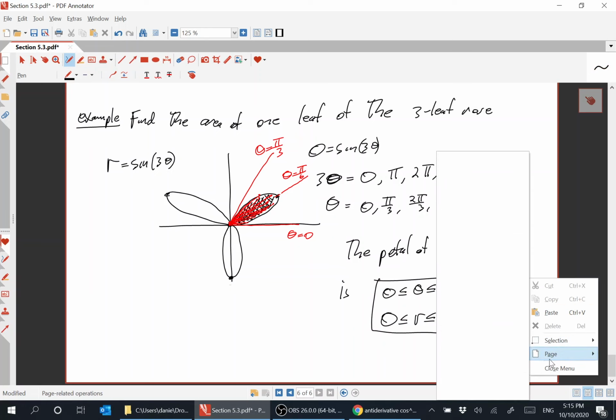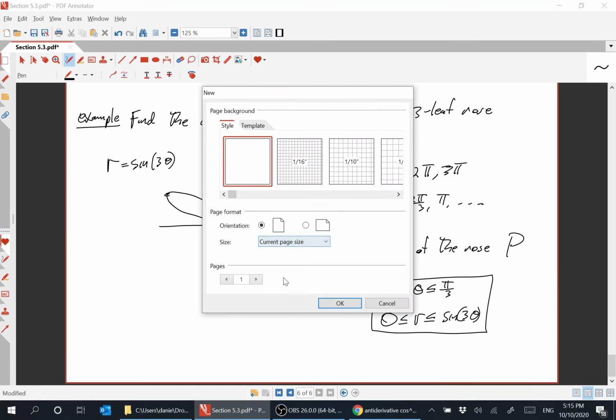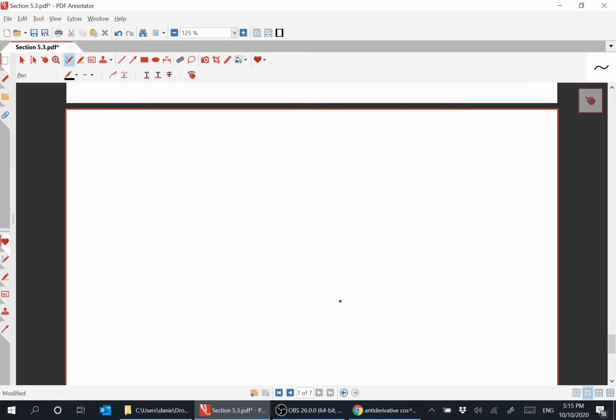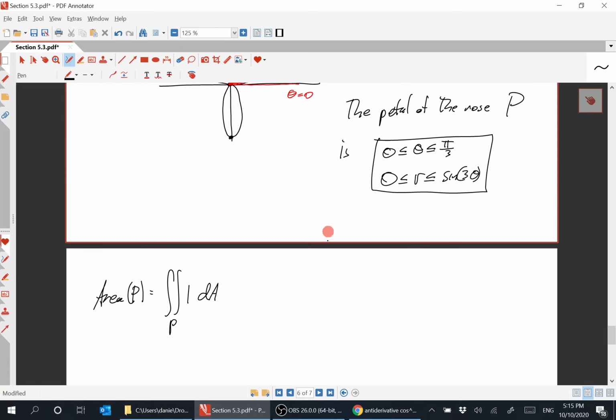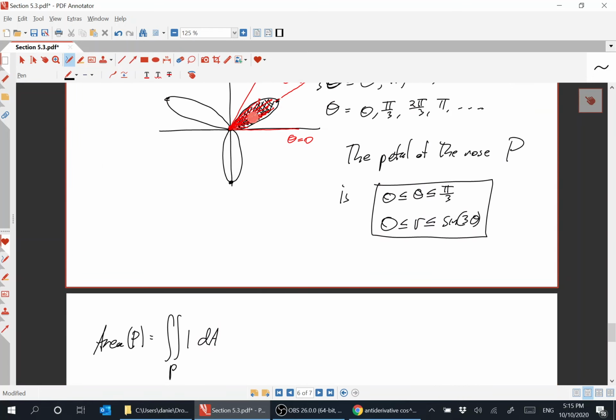So how do you measure the area of a region in the xy plane? The area of the petal is the double integral over the petal of just 1 dA. That gives you the area in general. For any region in the xy plane, if you just want the area, it's just the double integral of 1.